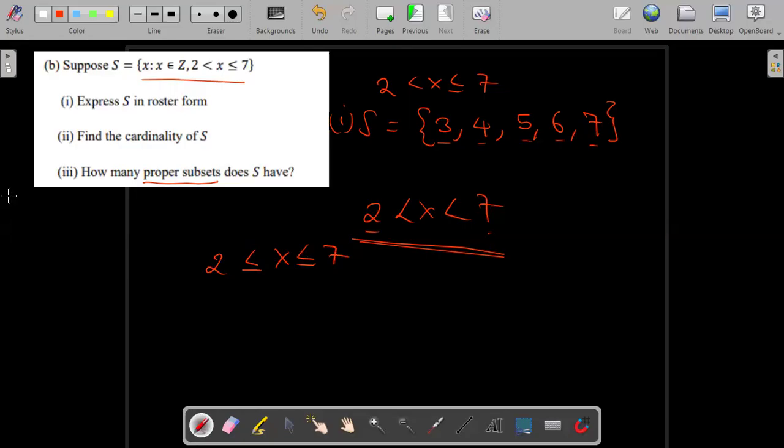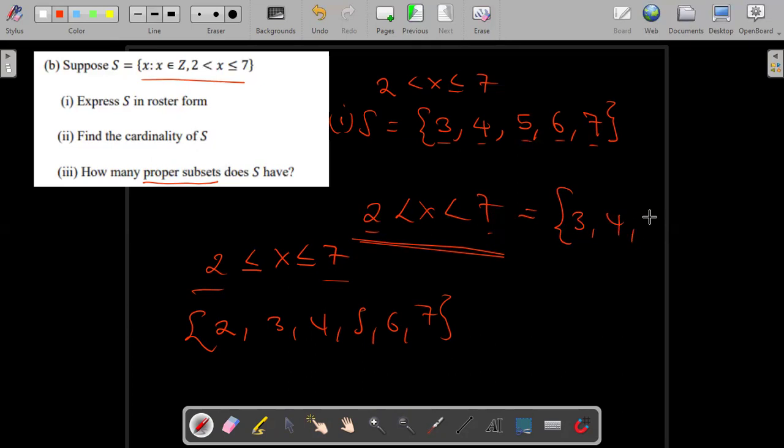If we were to list this one, we start from 2, because they're talking of integers: 2, 3, 4, 5, 6, and 7. And for strictly less than, the integers in between are 3, 4, 5, and 6.